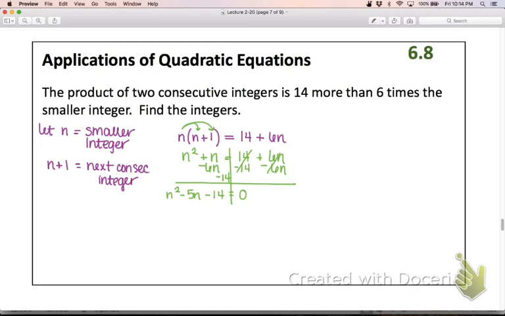And from there, that is factorable. We get n minus 7 times n plus 2 equals 0. And so I get 2 possible answers: n could be 7, or n could be -2.